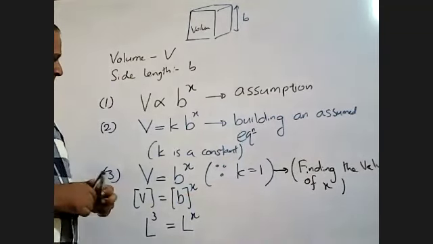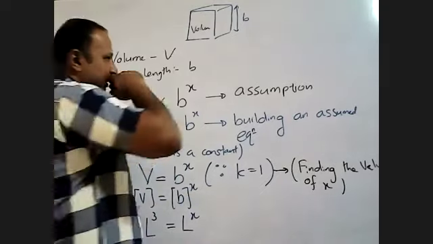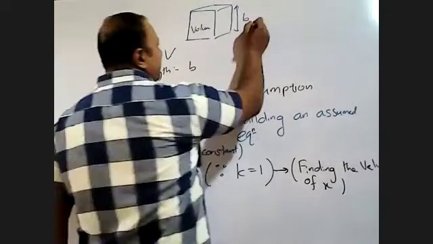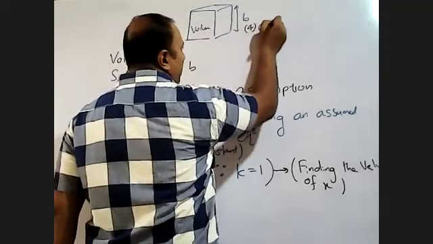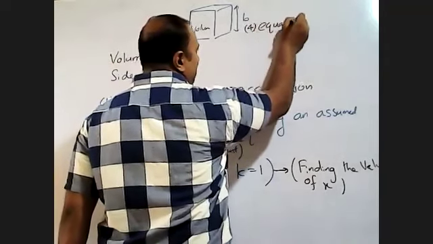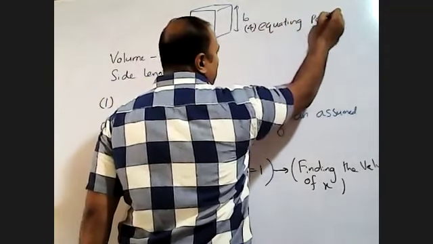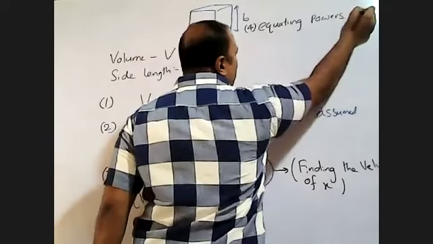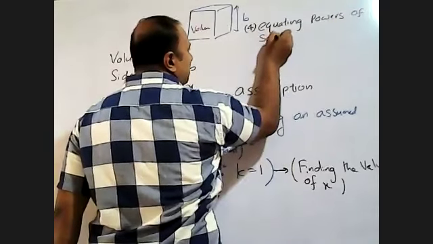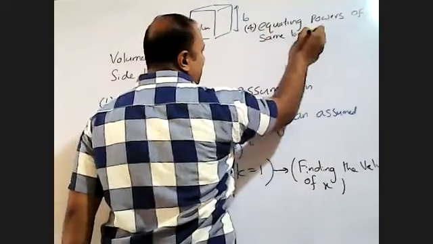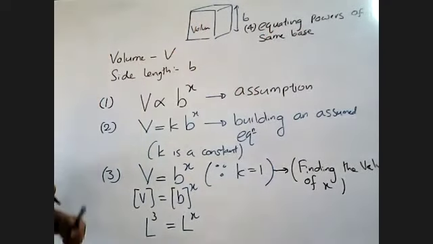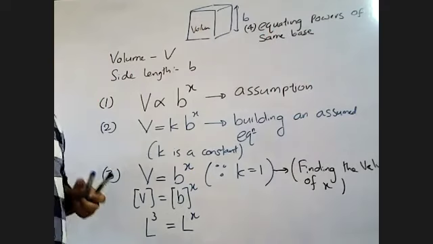So the fourth step is equating powers of the same base.